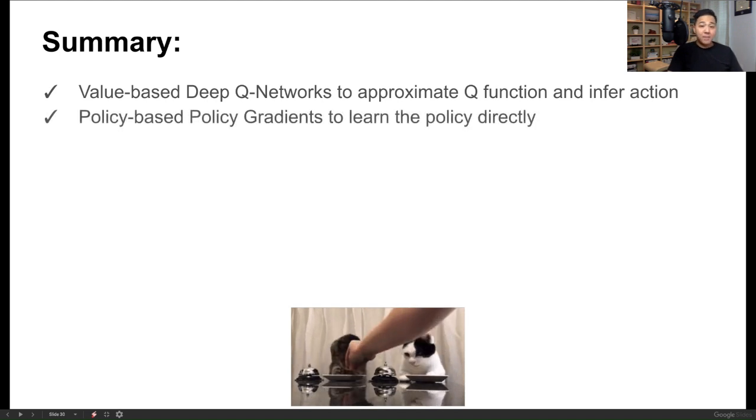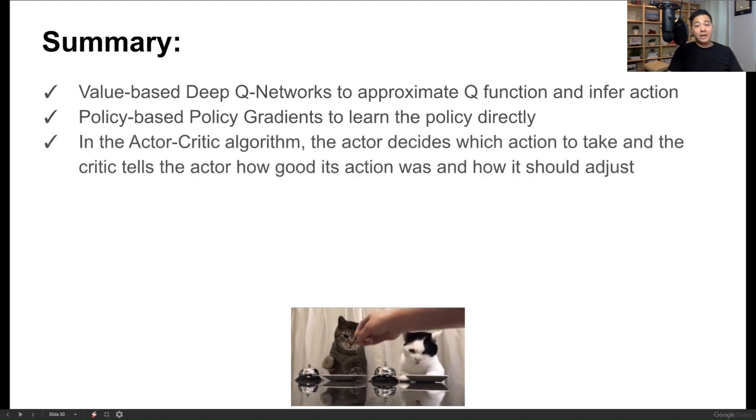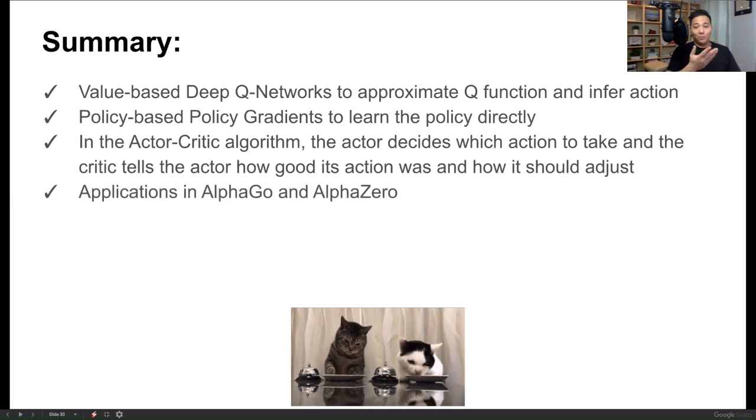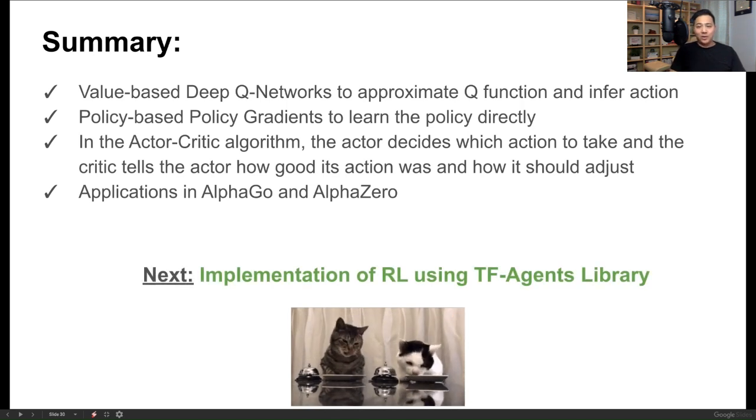We learned about the policy-based policy gradient to learn the policy directly, and a hybrid method, actor-critic algorithms, where the actor decides what action to take and the critic tells the actor how good the action was and how it should be adjusted. We also showed you some applications in AlphaGo and AlphaZero. Next video, we will talk about the implementation of reinforcement learning using a library called TensorFlow Agents. Until then, take care.